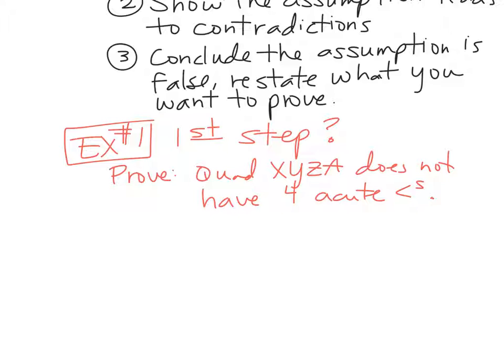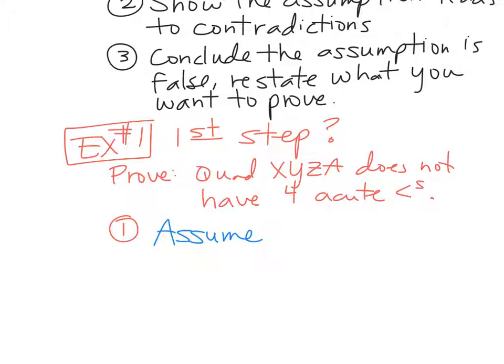So step 1 of this proof, you have to write the word assume, okay? If you don't write the word assume, it's wrong, because what you're going to assume is not true. So you can't say it's true. You have to say assume for a second that it's true, even though we know it's not, okay? So your first step is assume, and then you have to think, what is the opposite of this statement?